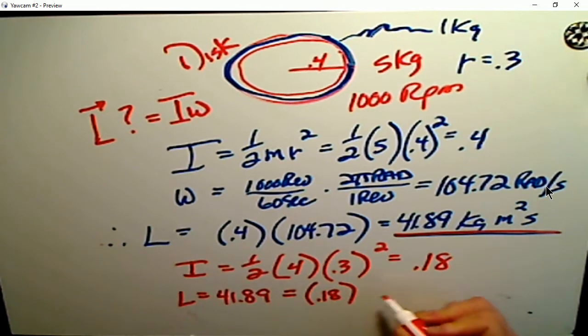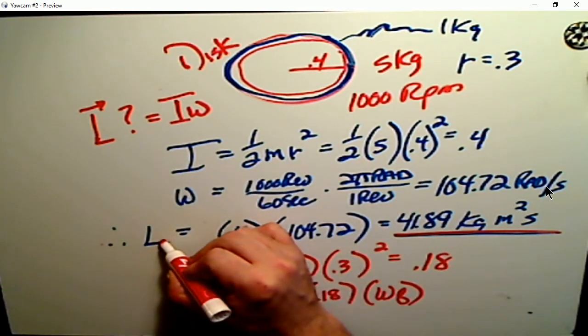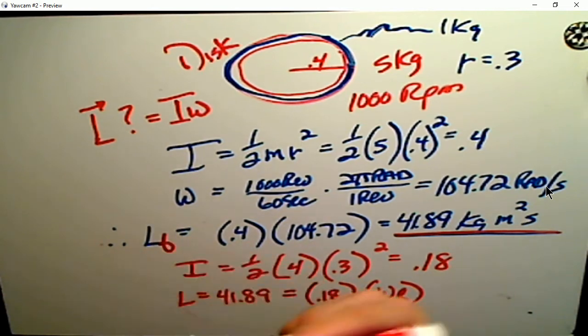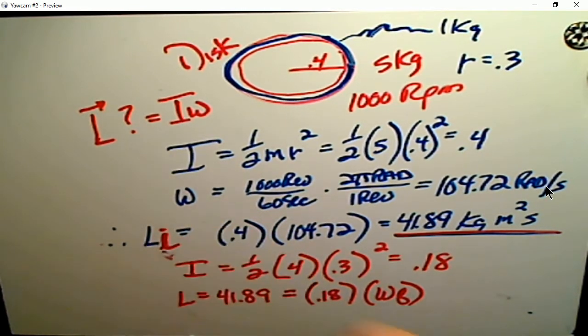Therefore, if we call that omega final, this being angular momentum initial and angular momentum final, and it's conserved.